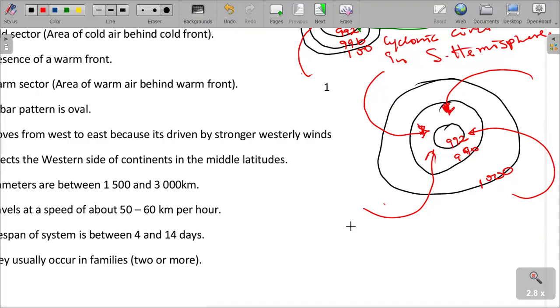Cyclonic circulation in the northern hemisphere.